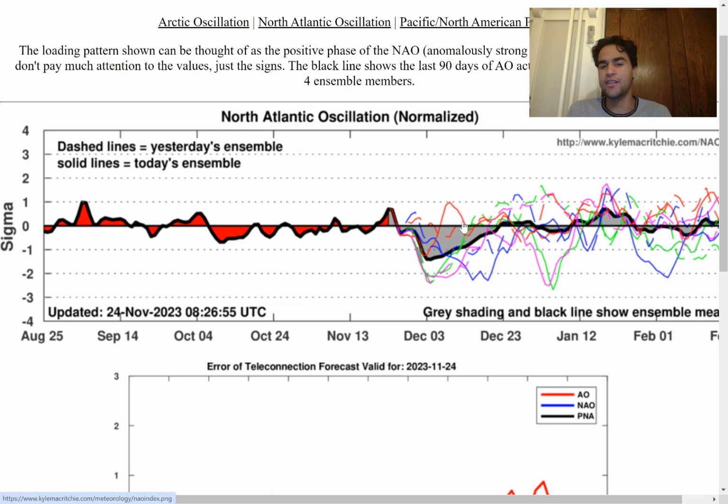And that typically brings colder temperatures as well as a higher amount of instability for more significant snowstorms to develop. So thanks to the negative North Atlantic oscillation that's expected during early to mid-December, I think the chance of a snowstorm should increase for the Midwest as well as the Northeast.